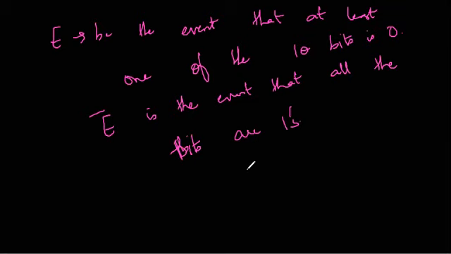So what is the sample space? The sample space S is the set of all bit strings of length 10. So what will be P of E bar? P of E bar is the event that all the bits are 1, and P of E is at least one of the bits is 0.